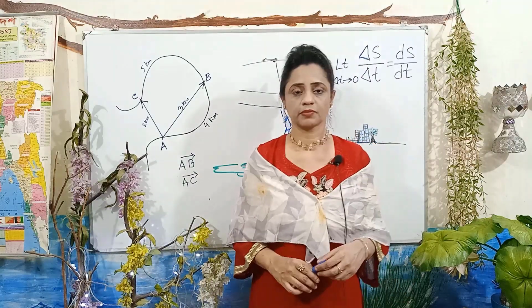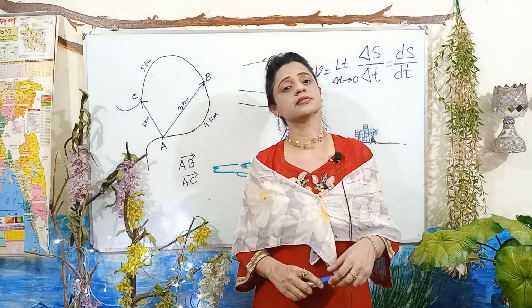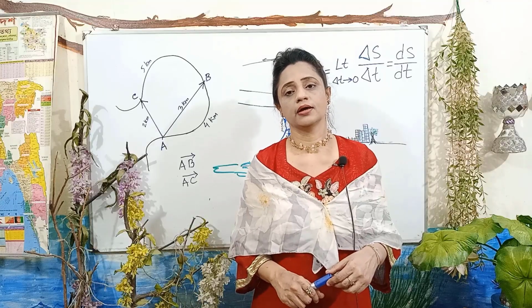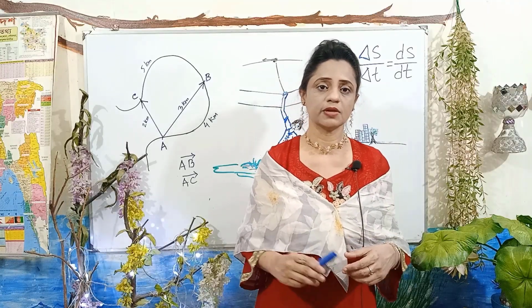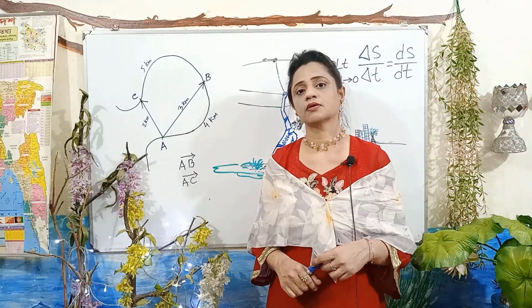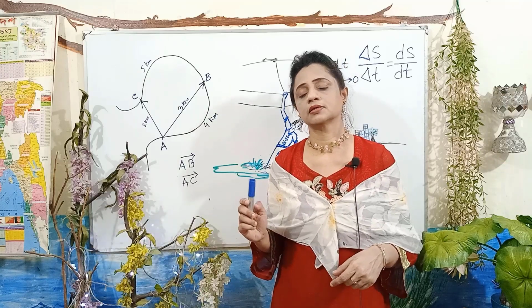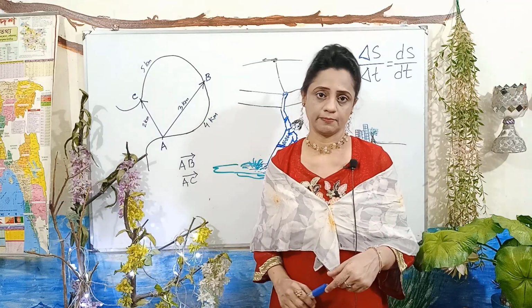What about velocity? Velocity is obviously a vector quantity, so in that case direction is necessary. Velocity is displacement covered per unit of time. That is, velocity is final position minus initial position by time.